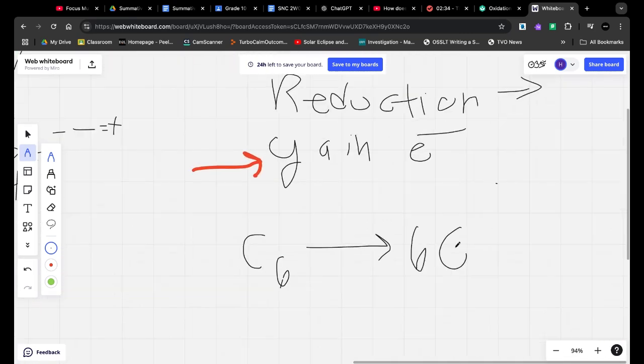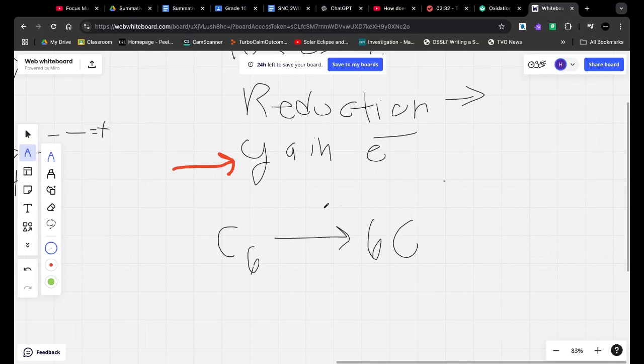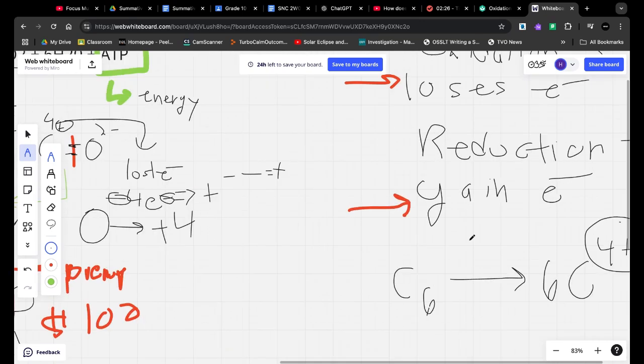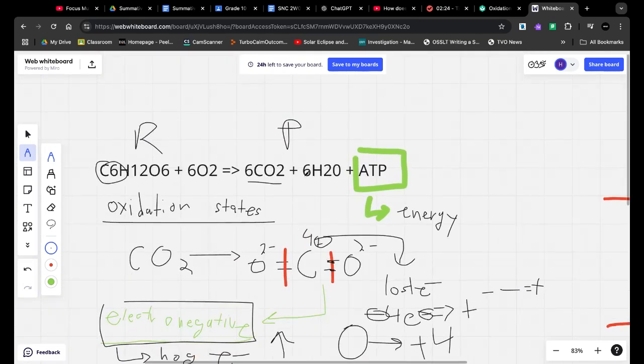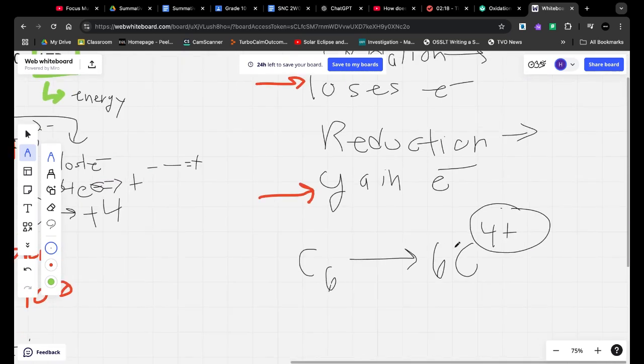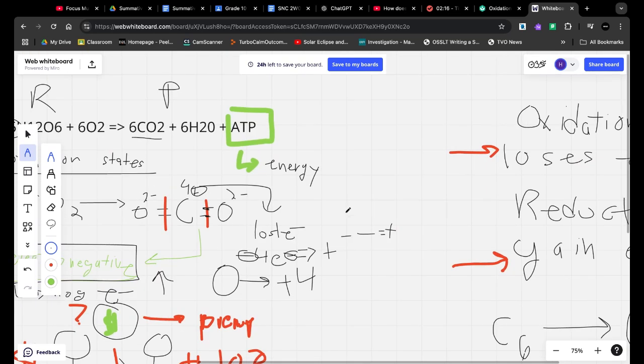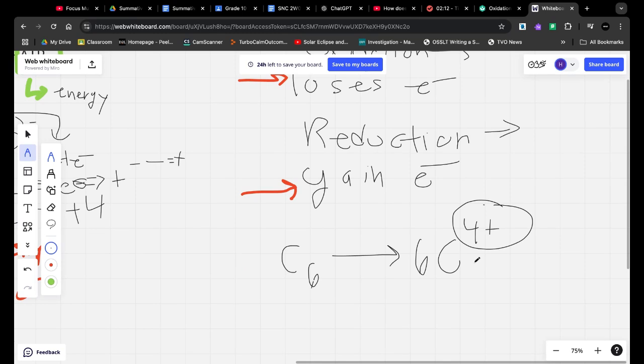Now this specific element here has a four positive oxidative state. Basically, that means if this carbon dioxide molecule were to break apart, this carbon atom would have a four positive charge.